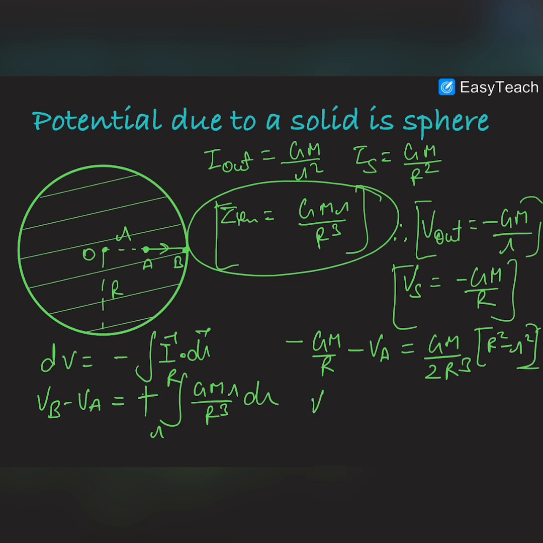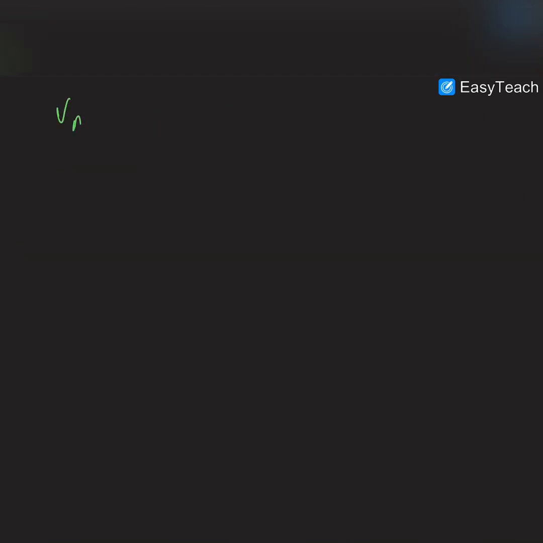Okay, so VA will be equal to GM by 2R cube into R square minus r square, minus, in fact, plus GM by R. So you can see that VA will be equal to minus of GM by 2R cube into 3R square minus r square.